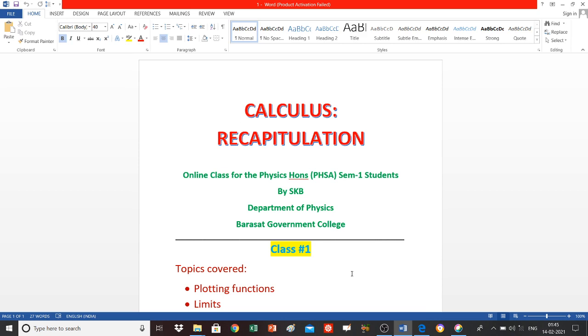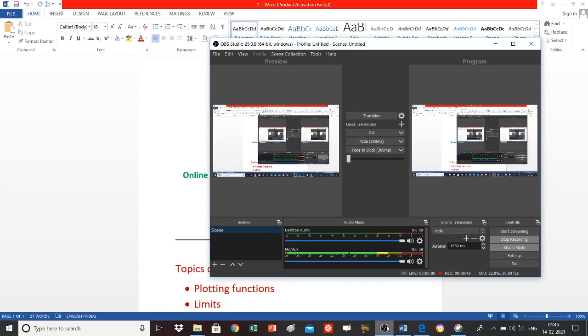After that, continuity, differentiation, and then plotting of curves, approximation, Taylor series, binomial series, etc. These are the basics or preliminaries to know calculus, and we have learned all about these topics. In this series of classes, we will recapitulate and apply them to solve some problems.